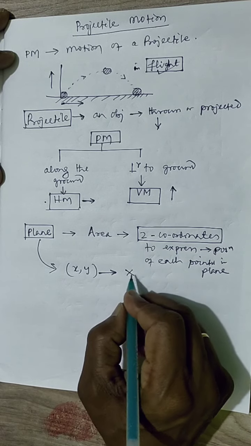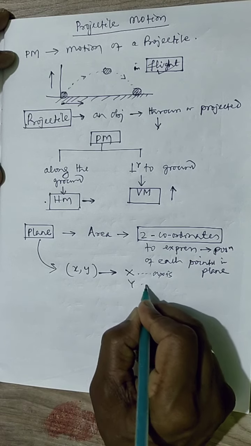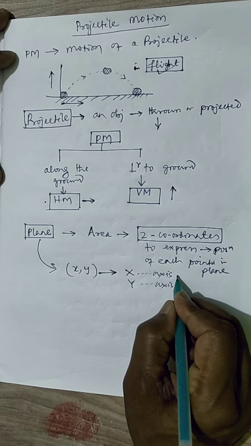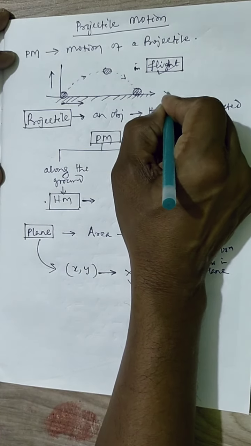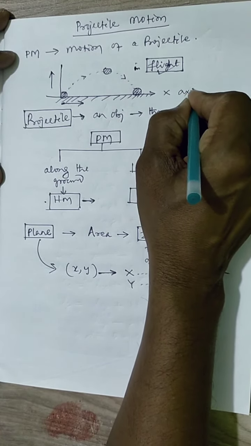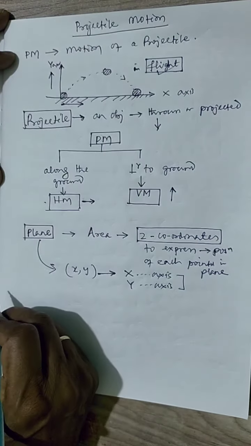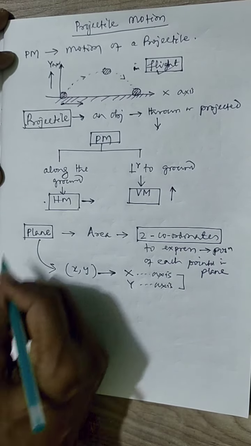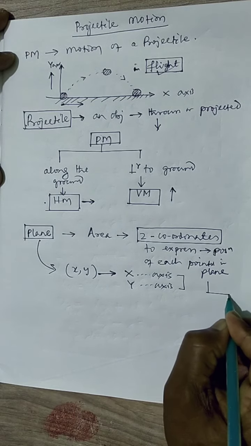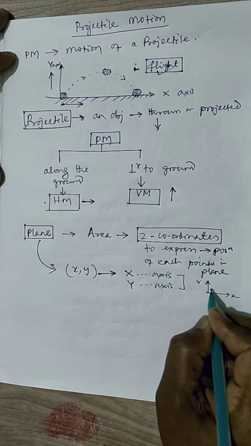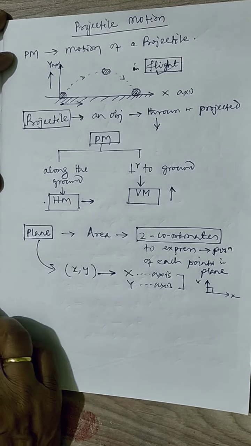That is, we will have x-axis and y-axis. Both are mutually perpendicular to each other. One is x-axis, another is y-axis, and both axes are mutually perpendicular to each other.